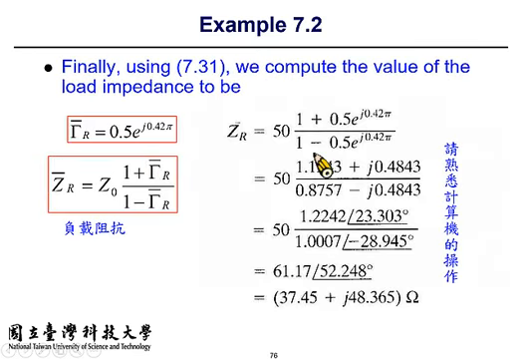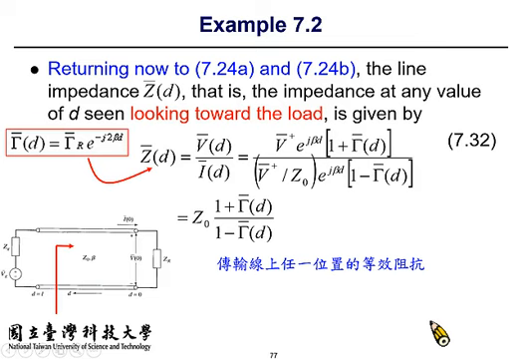Alright, here using the measurement result, we can first find the reflection coefficient in complex number form. Then substitute the reflection coefficient into this equation, and you can find the load impedance ZR, which is also a complex number.